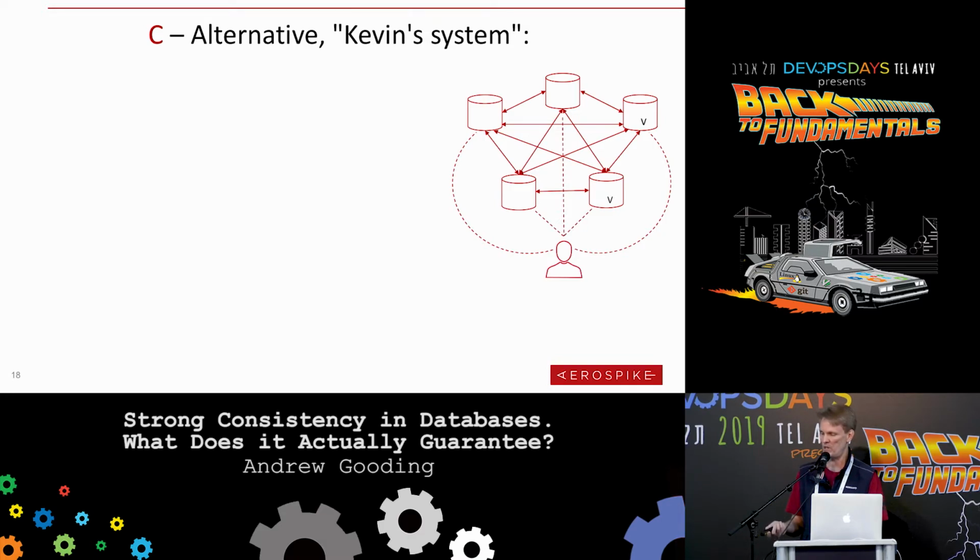So in Kevin's system, I've drawn 2 replicas here. You'll see why in a minute. It's different to the traditional consensus system. Your operations are master-centric. They go through a master, and the master will replicate to the replicas. So it looks kind of like what just happened there in that graphic.